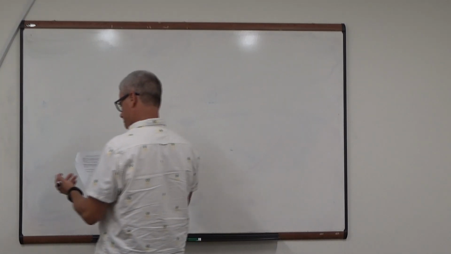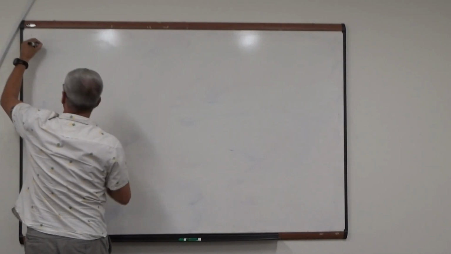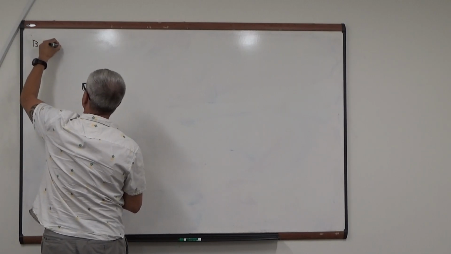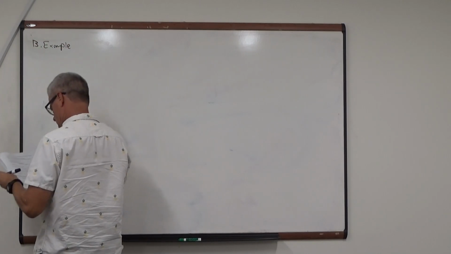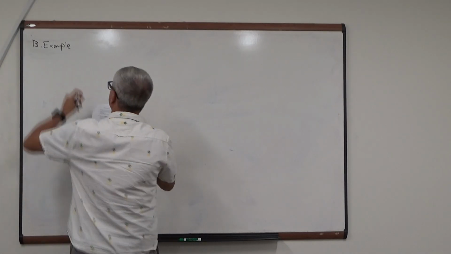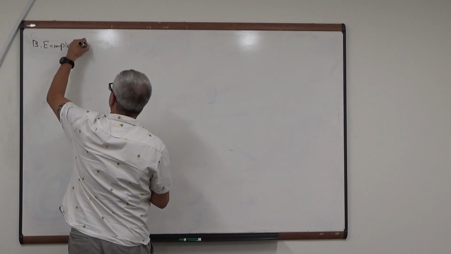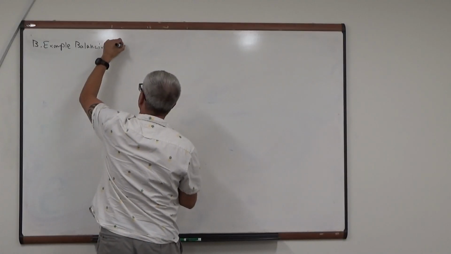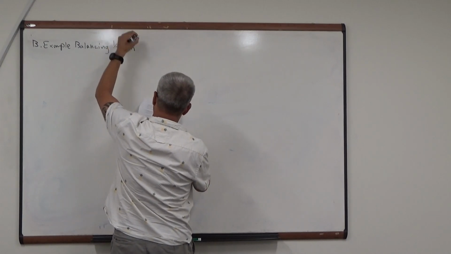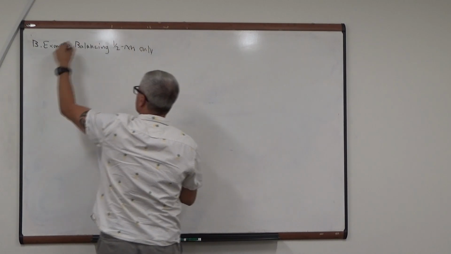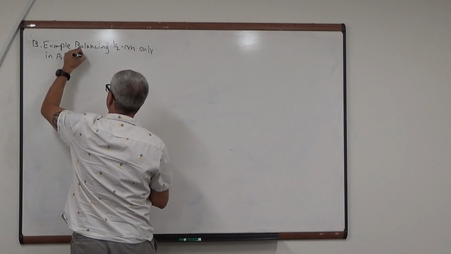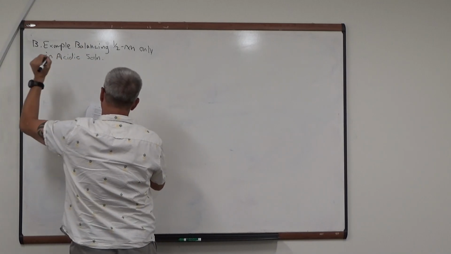All right, so let's do an example of balancing a half reaction. So this is B. Reaction only, and again, important to note that it's in acidic media, or acidic solution, a common way to say it.